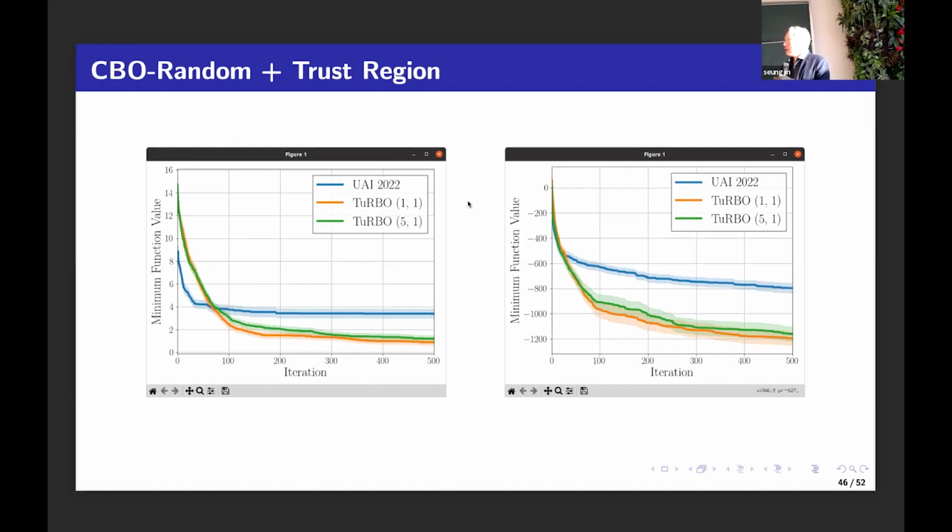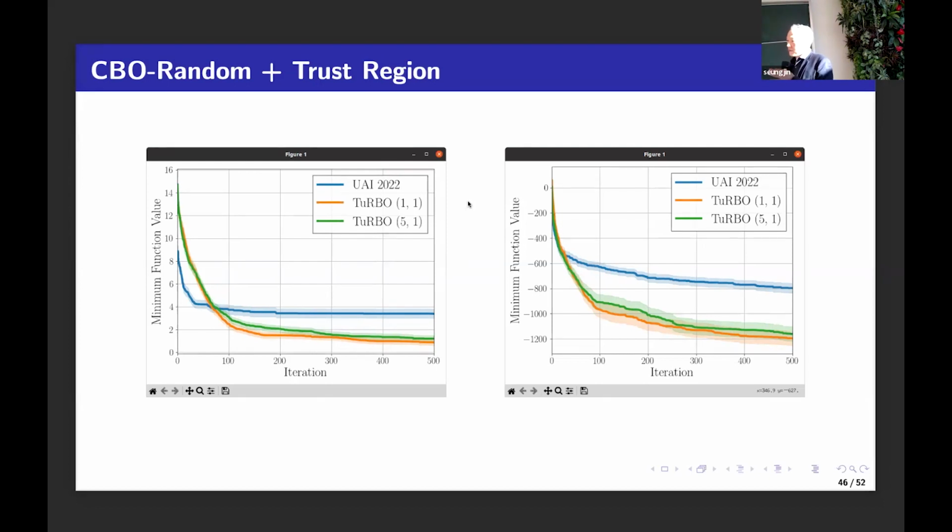It depends on the problem, and it depends on the dimensionality of the input X. If the dimension is really huge and the initial data is really small, then maybe the performance is not that great. But the idea is okay.